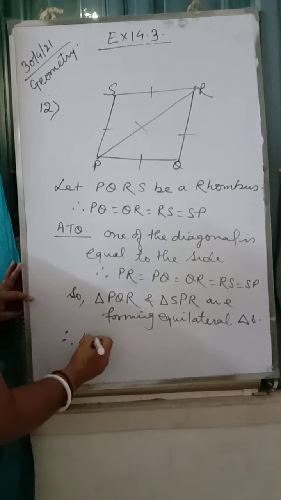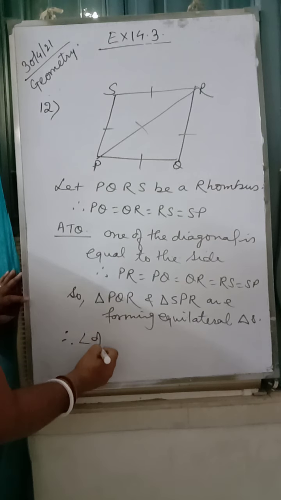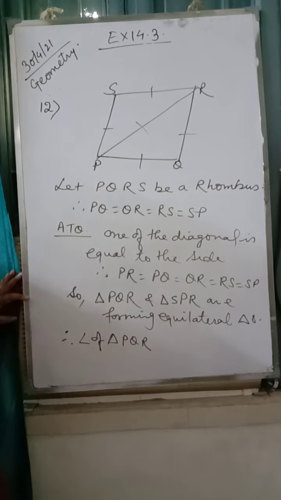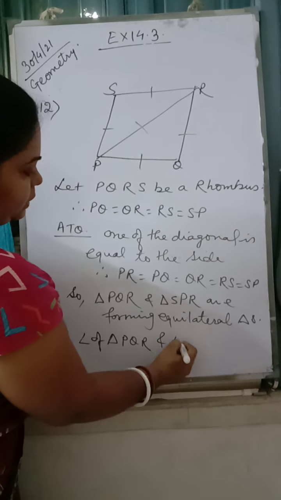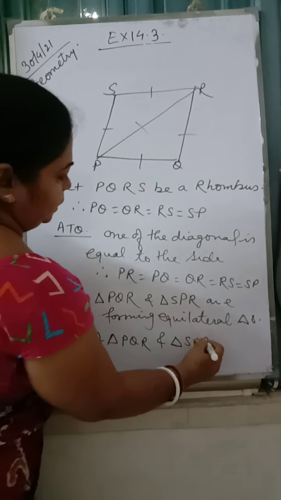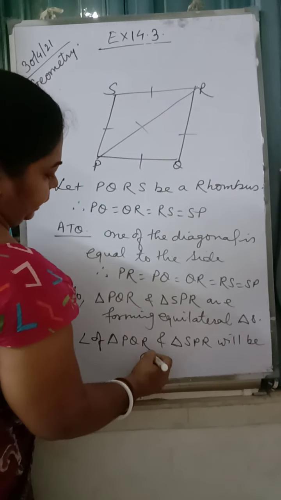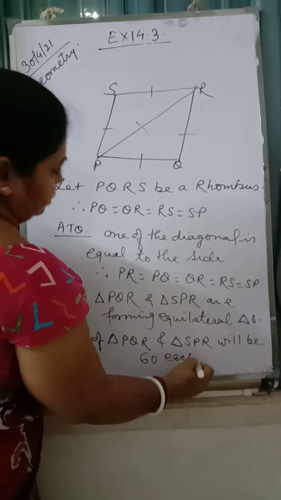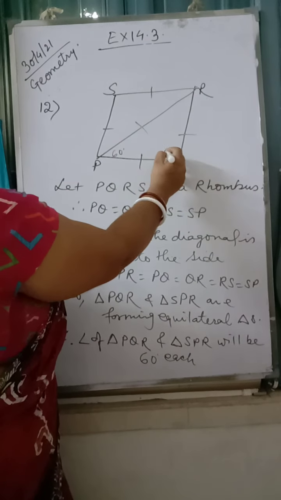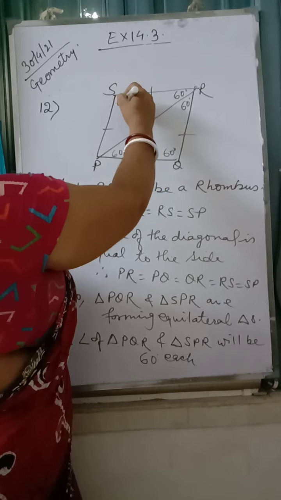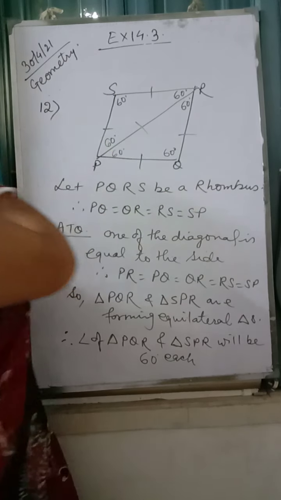Therefore, the angles of triangle PQR and triangle SPR will be 60 degree each. If it is equilateral, all would be 60.